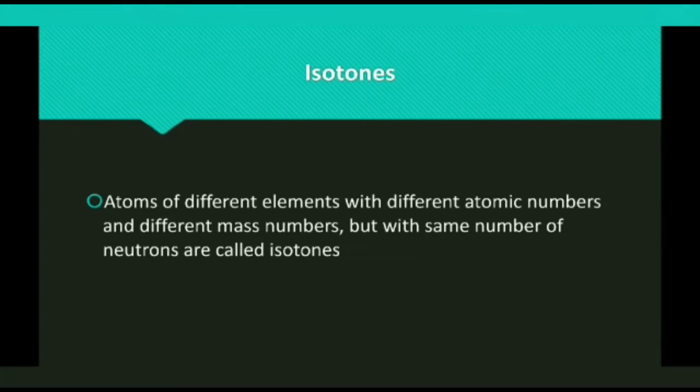Next one is isotones. Isotones are atoms of different elements with different atomic numbers and mass numbers, but the number of neutrons is the same.